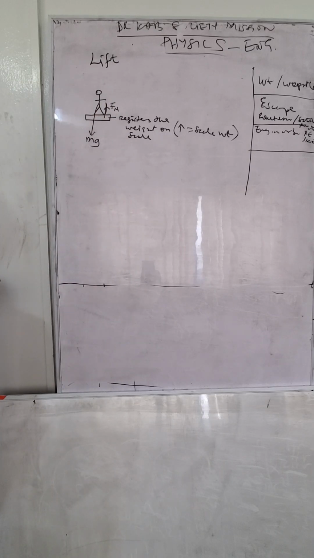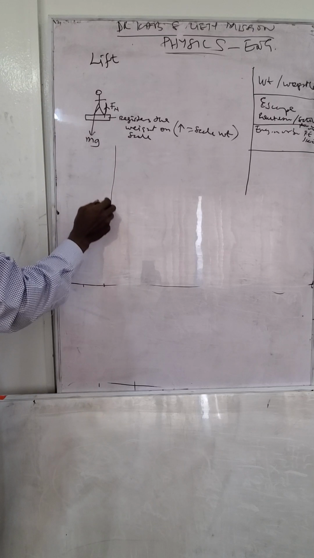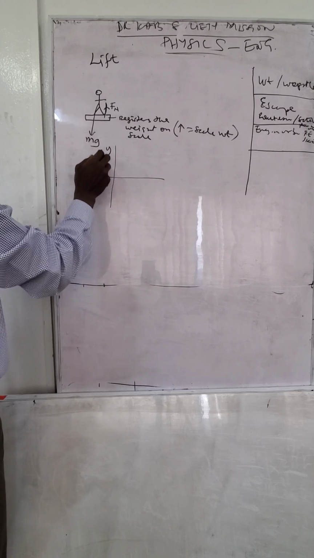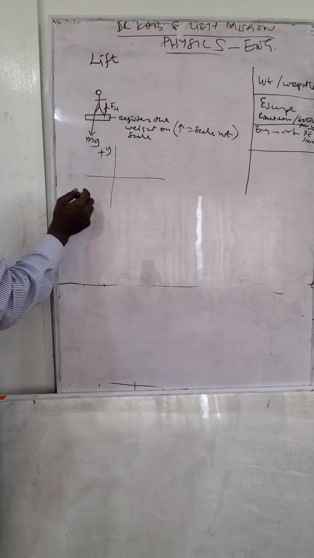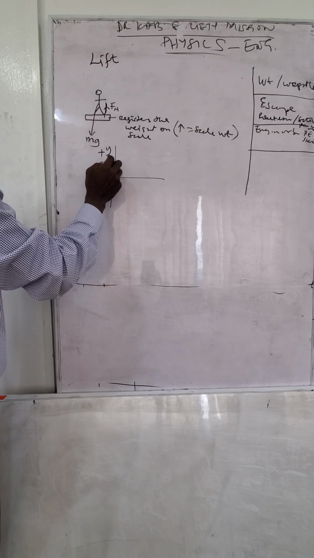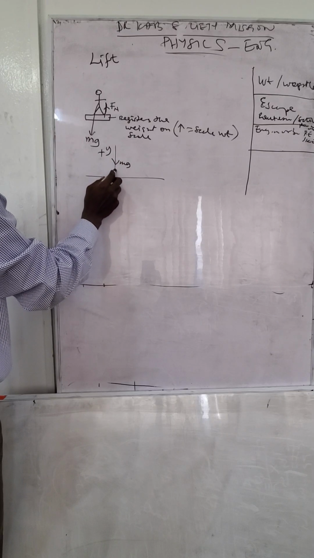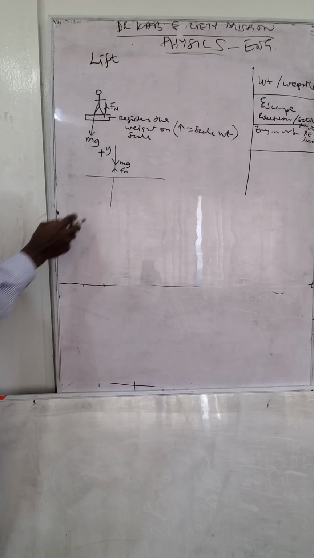F normal. Okay. Good. So if we look at this in the Cartesian plane, let's say this is the y, this is the positive y. When you're coming down, it's negative y. So you see that your weight is coming with this mg, and then the reaction force is Fn. So it's a resultant.